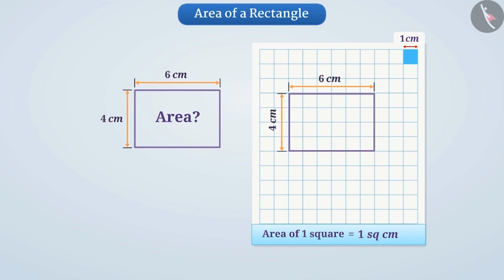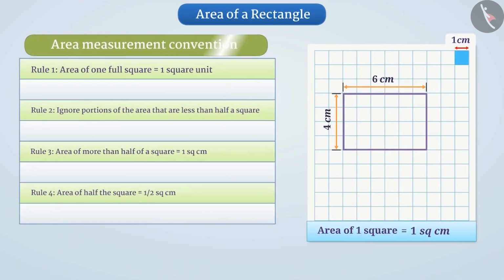In the previous video, we adopted a convention to measure the area. Let us find the area of a rectangle using the same convention. Rule 1. The area of one full square is taken as 1 square unit. In the given figure, the unit distance is 1 centimeter.